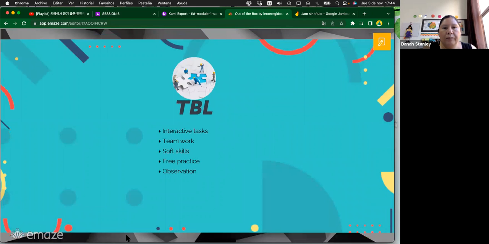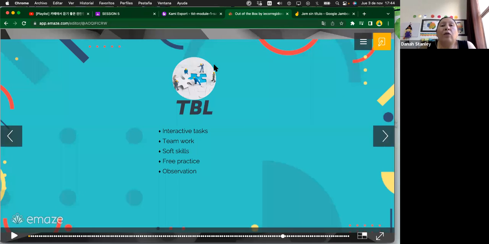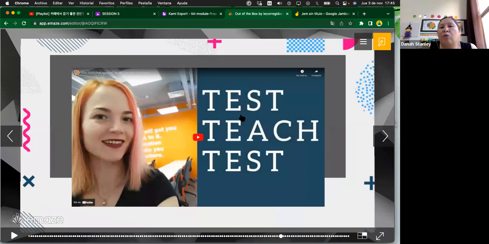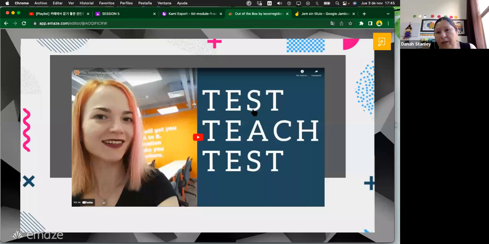All right. This is TBL, task-based learning. Someone in the chat said that you were familiar with this method. You can use this as the test you are going to use to check that your students have already understood, or even you can give them the practice, the free practice.